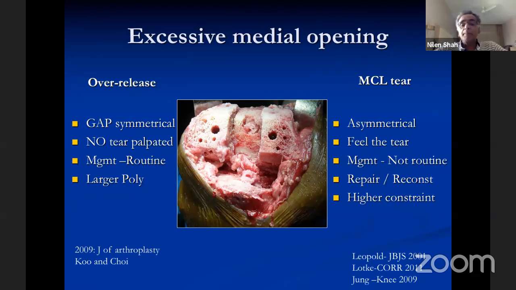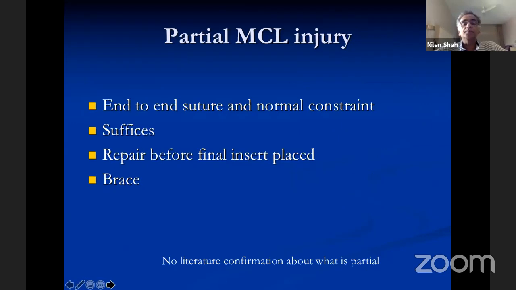You may have to repair, reconstruct with semitendinosus, or you may have to use a higher constraint. And that is where a constrained implant or a PS plus implant may also become useful. A primary MCL injury, end-to-end suture in normal constraint, partial MCL injury suffices. But you need to repair before the final insert is placed, and you need to brace.